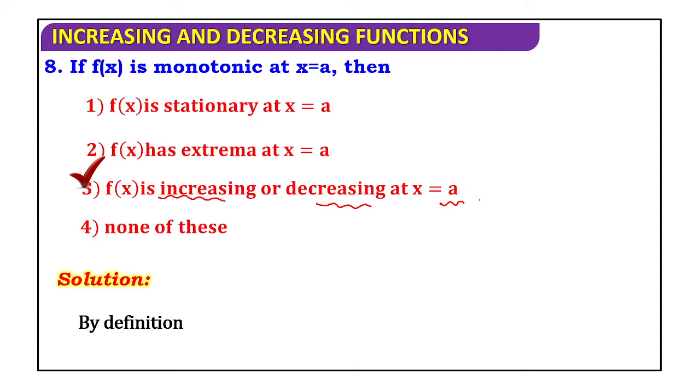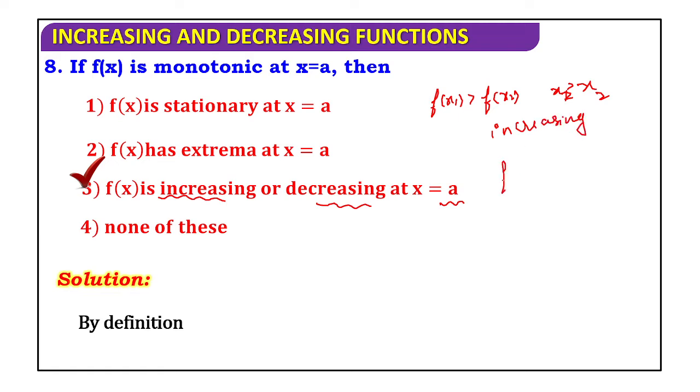Clear? So therefore, from this, we can just see that f of x is increasing or decreasing whenever x equal to a. You can just see through the definition of monotonic function. That is, monotonic function means whenever f of x1 is greater than f of x2, x1 must be greater than x2, so that we say that it is monotonically increasing.